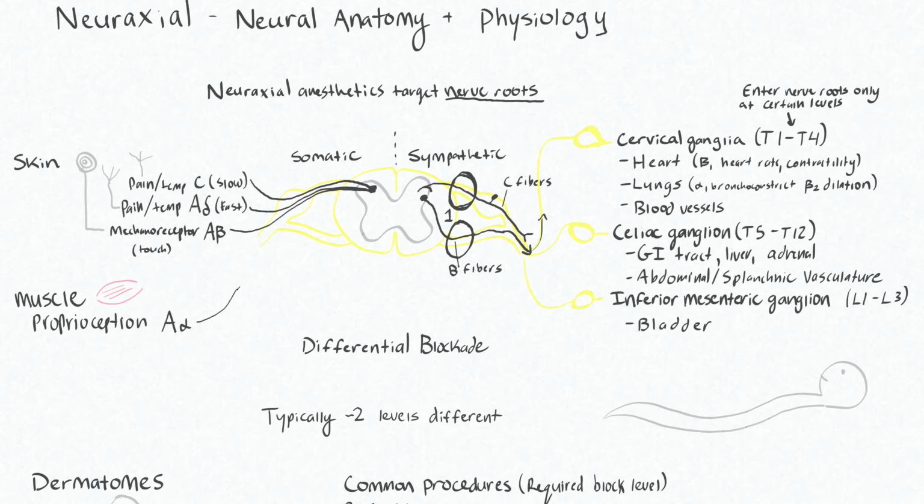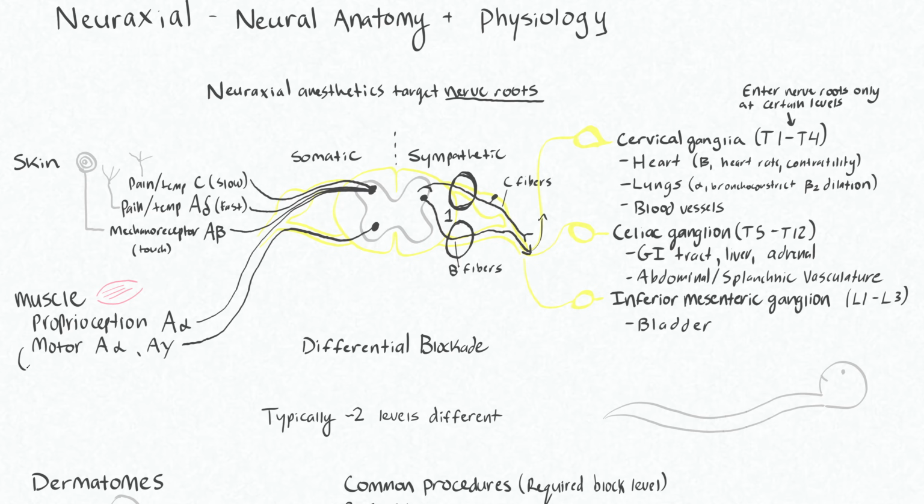And these are afferents as well, because they help you perceive where your limbs are. And for motor fibers, you have A alpha and A gamma fibers, which will leave through your ventral nerve root and arrive at your muscle tissue.